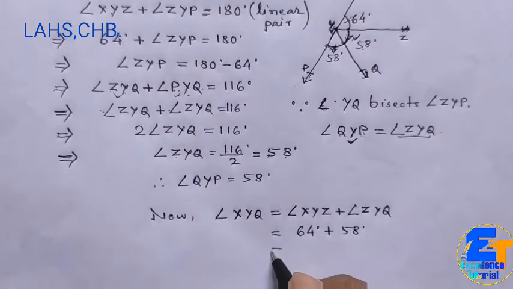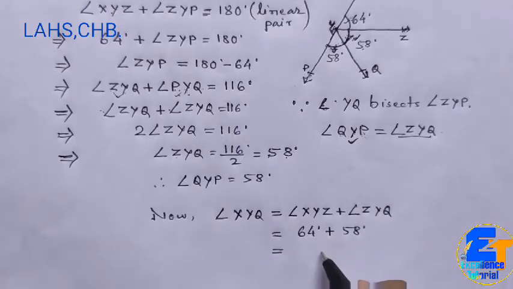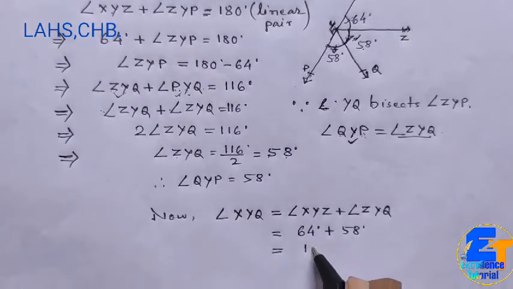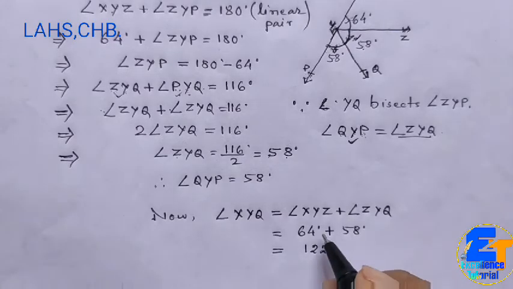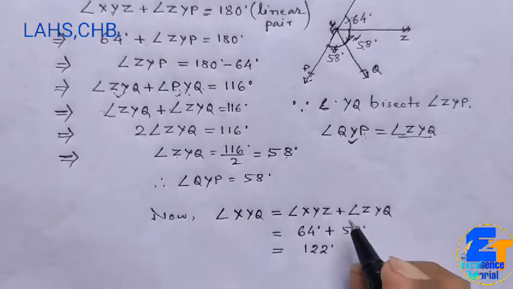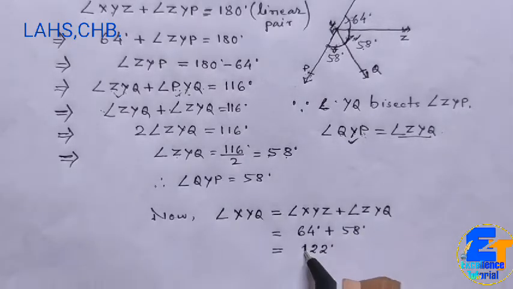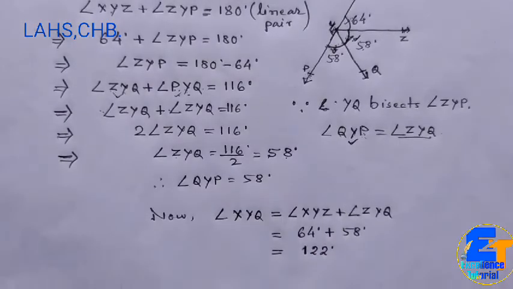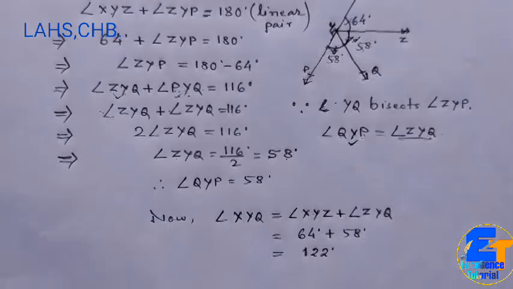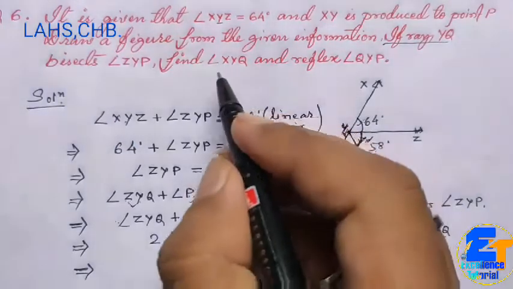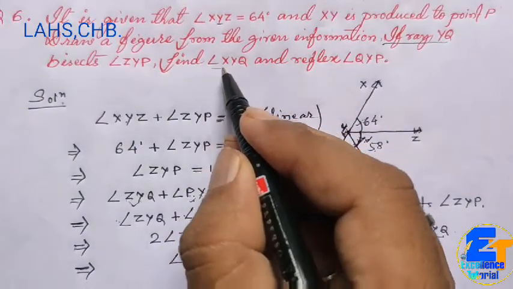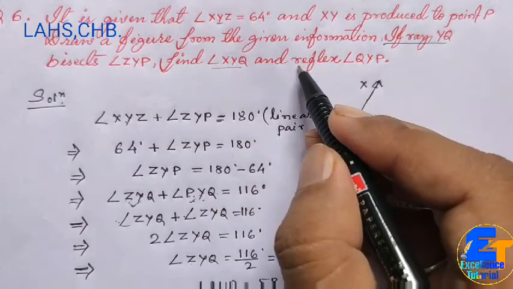Add these two and you will get the answer, that is 122 degrees. See, 8 plus 4 is 12, 1 carried, 6 plus 5 is 11, plus 1 is 12, so 122 degrees. So we got the answer for this angle.